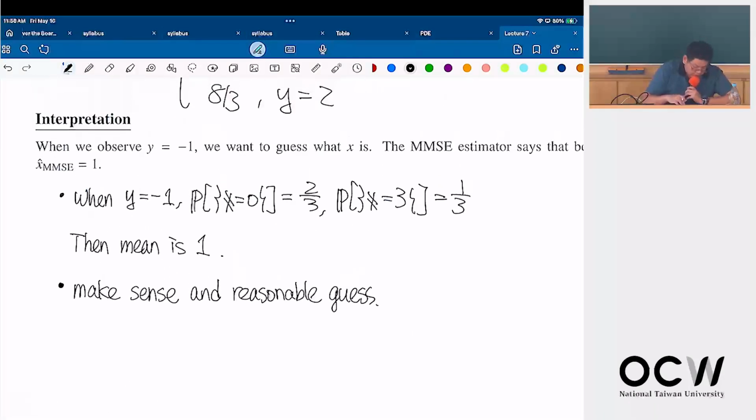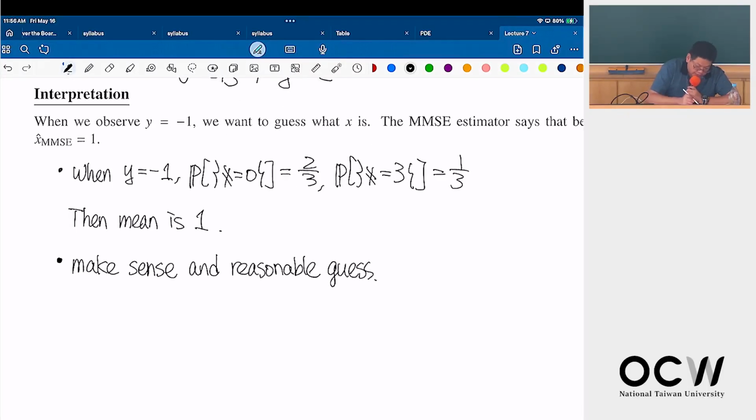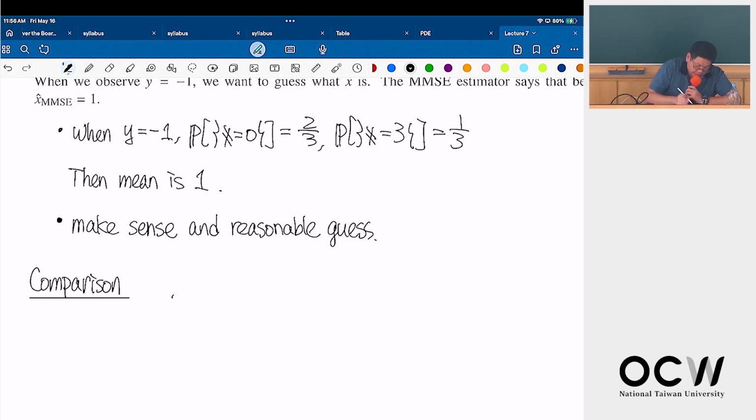All right, the last one: let's compare those three estimates. The maximum likelihood estimate is the peak of your PDF.